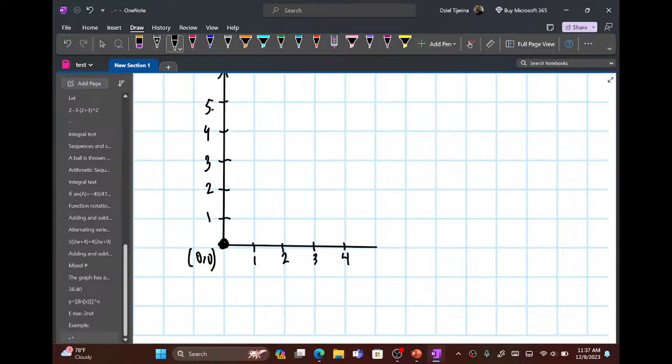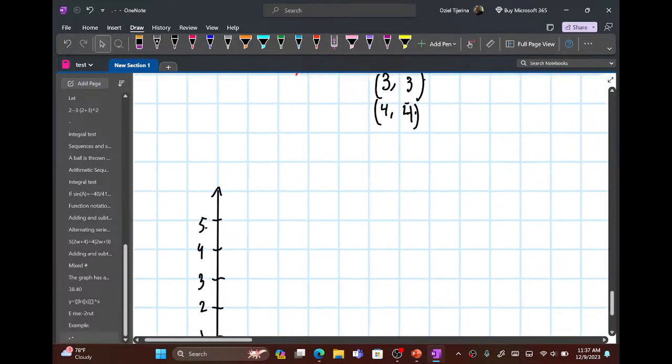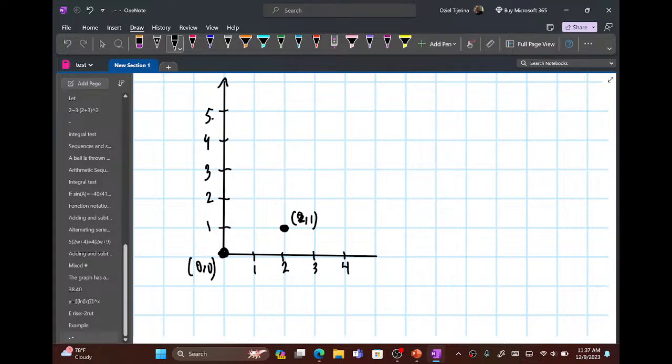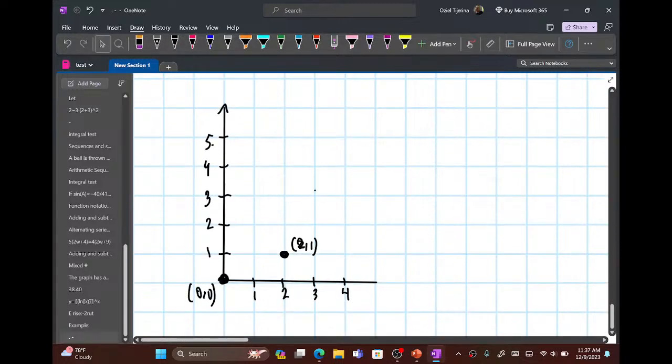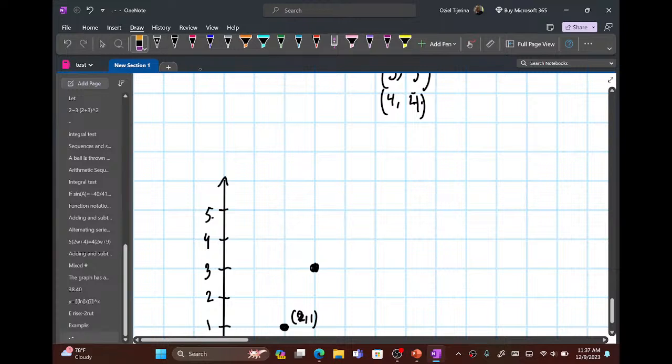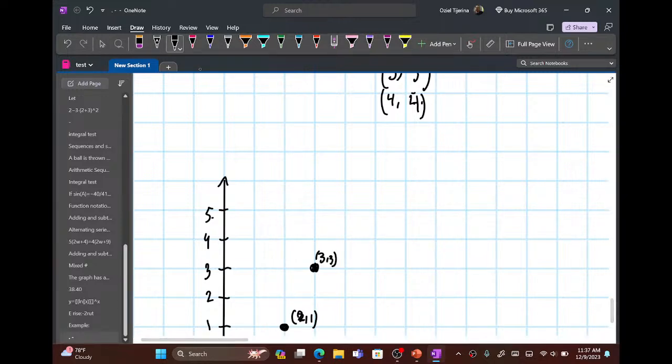And then we also have the following: 2 comma 1, so 2 comma 1 right here, and then what else, 3 comma 3, so it'll be like right here, and then 4 comma 4 is like right here.